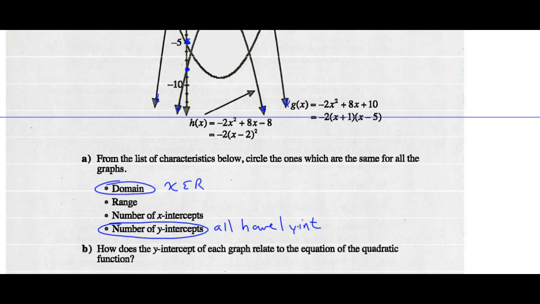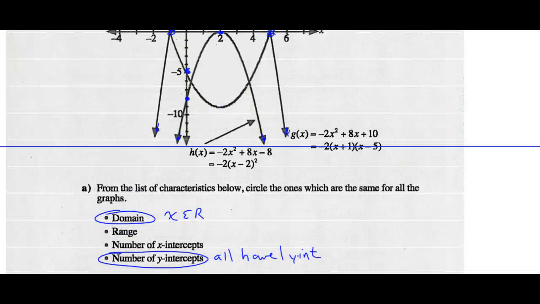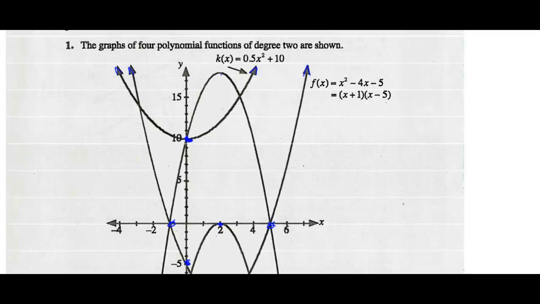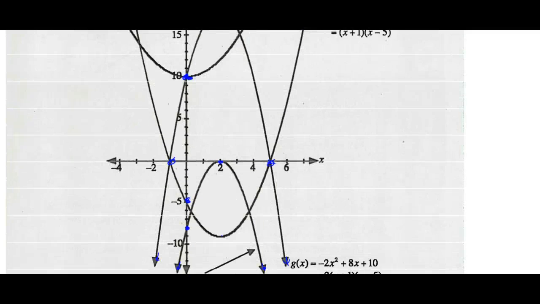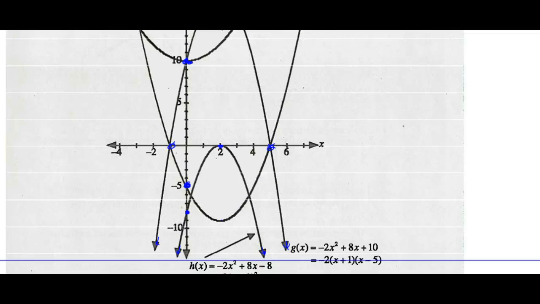How does the y-intercept of each graph relate to the equation of the quadratic function? Again, if we look at a few examples here, the y-intercept for k at x looks like it's 10. It's got the constant term of 10. For f at x, the constant term is -5. Let's have a look what the y-intercept is. You bet, -5.